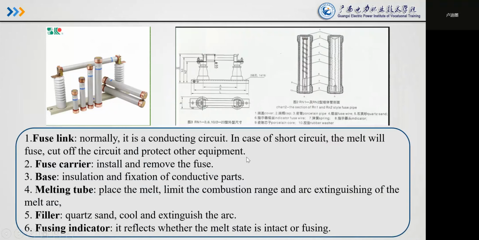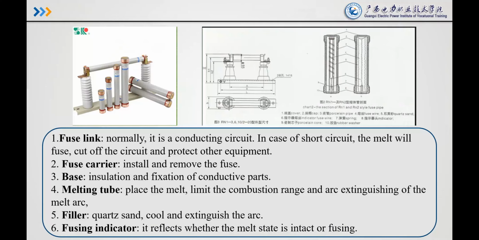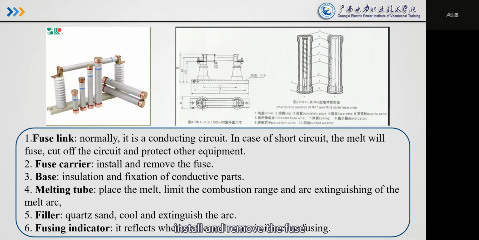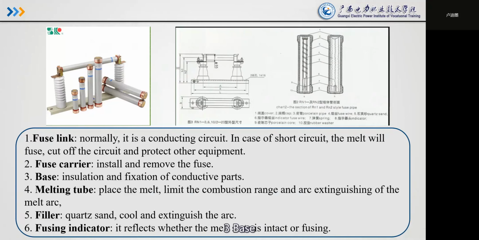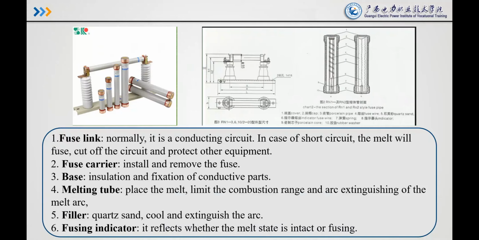1. Fuse link. Normally, it is a conducting circuit. In case of short circuit, the melt will fuse, cut off the circuit and protect other equipment. 2. Fuse carrier: install and remove the fuse. 3. Base: installation and fixation of conductive parts. 4.